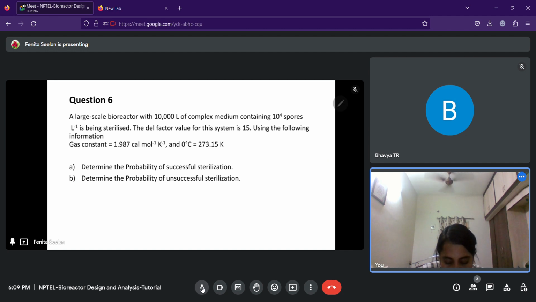Question number 6: a large-scale bioreactor with 10,000 liters of complex medium containing 10^4 spores per liter is being sterilized. Your del factor value for the system is 15, and using the following information, the gas constant is 1.987 calories mole inverse Kelvin inverse and 0 degrees Celsius is 273.15 Kelvin.